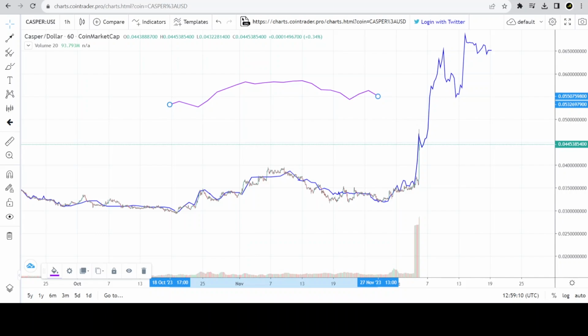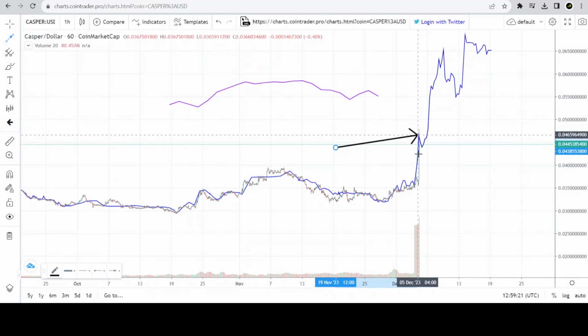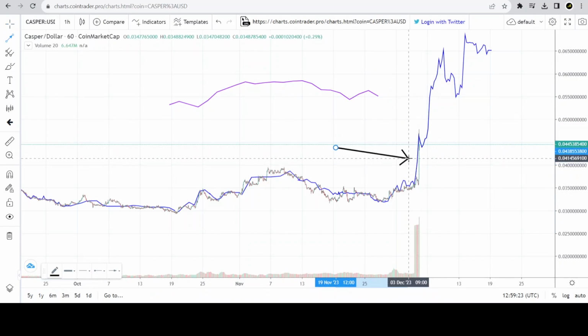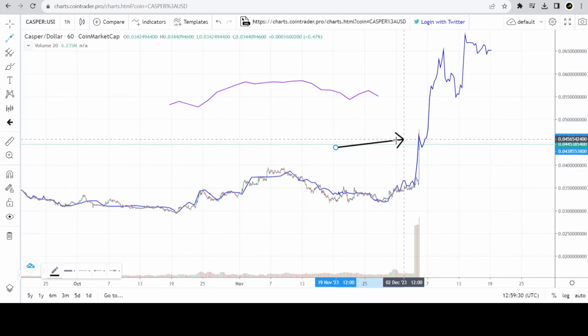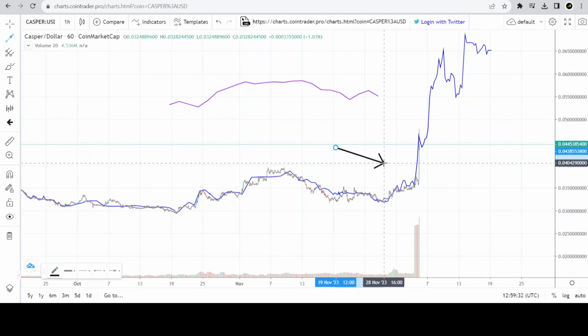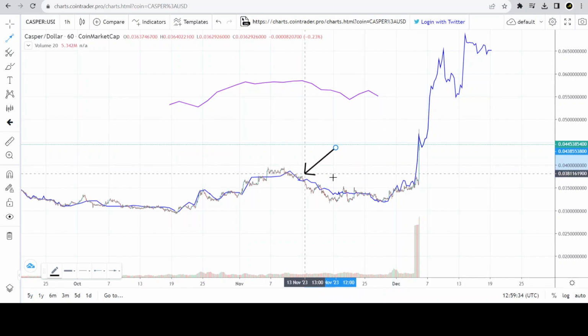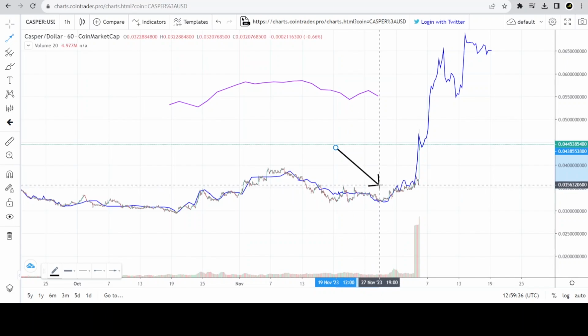So up until early this morning, I was of the belief that we were still working through the bounce. However, with this crazy move up, I began to start questioning things. So you're probably wondering, what in the world is this massive fractal doing on this chart? This is Casper. We're supposed to be in a bounce, right?